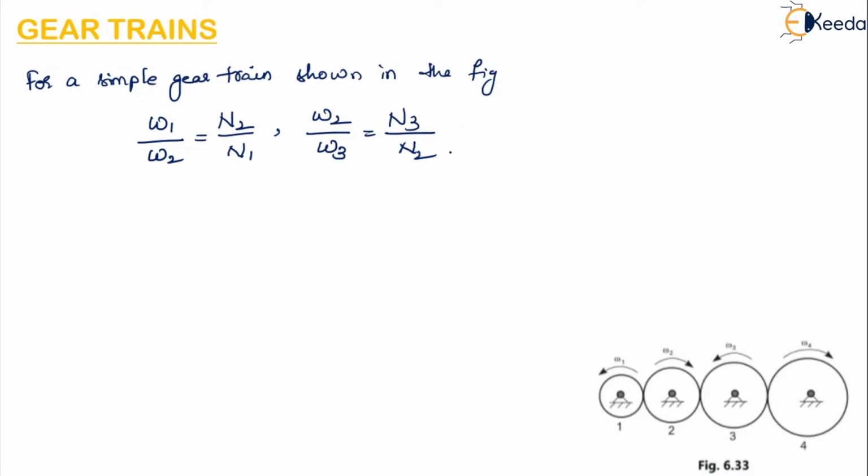For the simple gear train shown in the figure, we write the velocity ratio omega 1 divided by omega 2 is equal to n2 divided by n1, which is inversely proportional to the number of teeth.